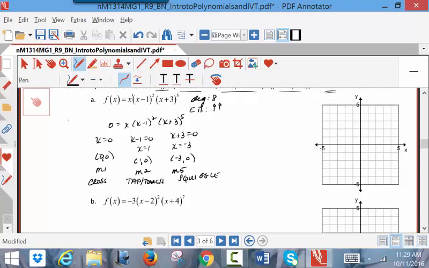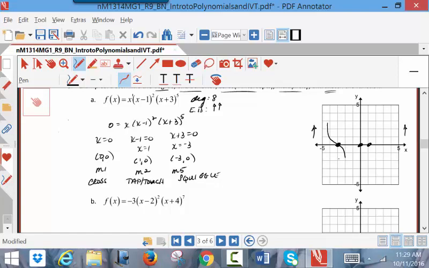Let's get over here to this graph. So I have the origin, I have the point (1, 0), and I have the point (-3, 0). My end behavior is up on the left side and also up on the right side. So at negative 3, I'm supposed to squiggle through. So I'm from the top, and I come through and I squiggle through it like that at negative 3.